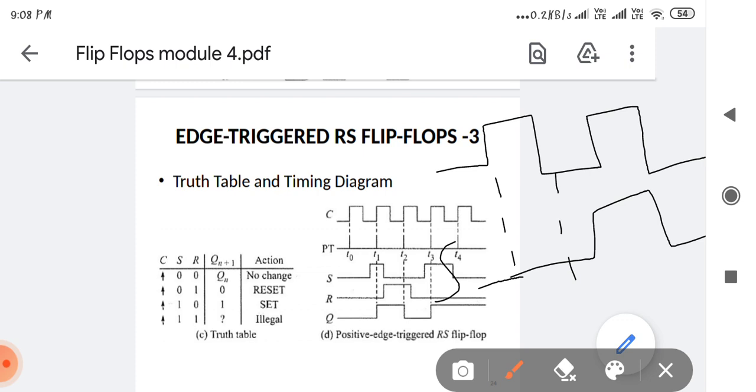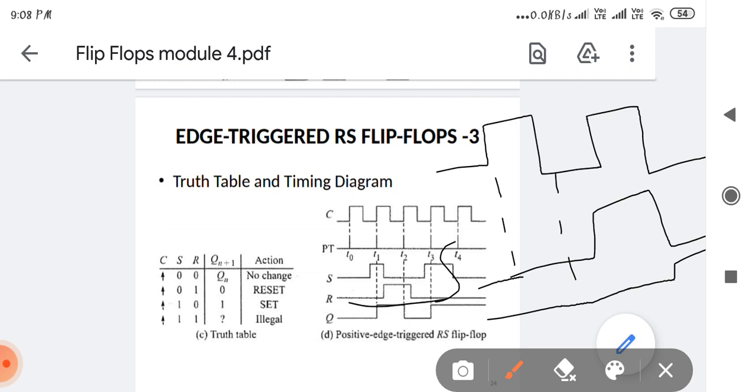Yes, it is high and that can be taken. Next is R, and can we take it like that? Q is the output. The output comes like that.